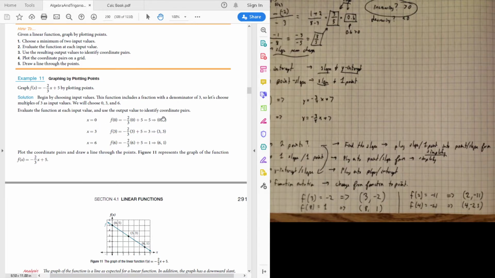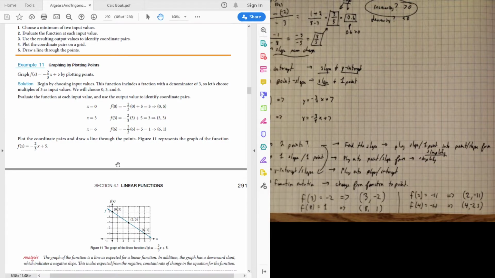So notice how it got 0, outputted 5, and that gave us the point (0, 5). They then chose another input, 3. Plugged in 3, got an answer, there's another point. Then plot the pairs onto a grid. 1, 2, 3. And now you've got a graph.